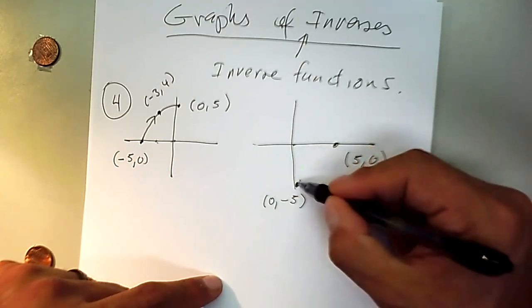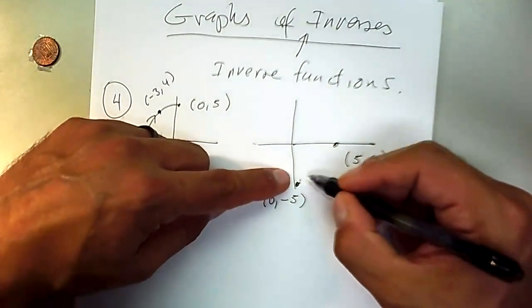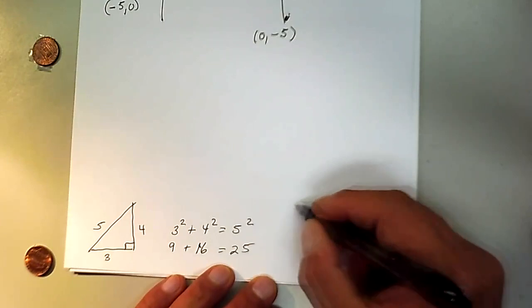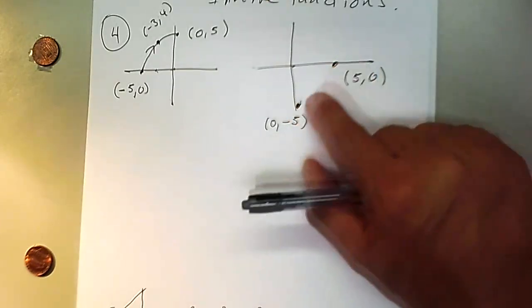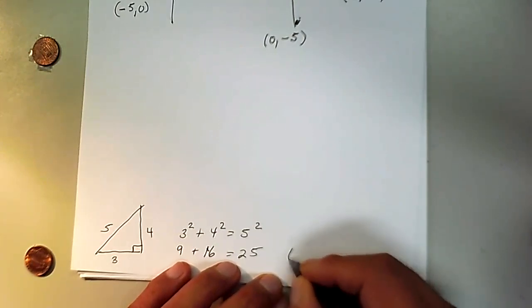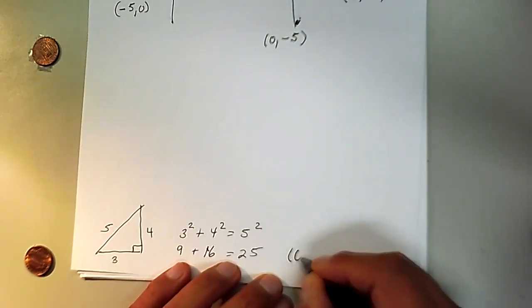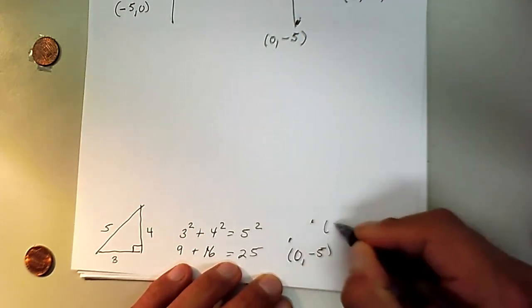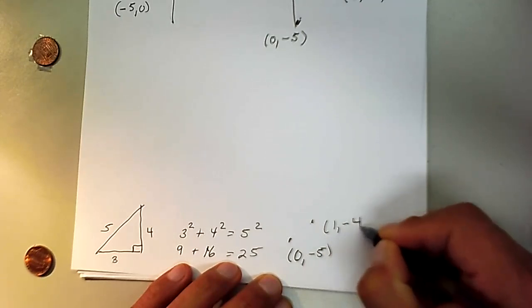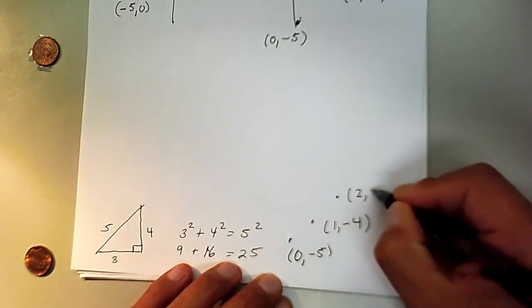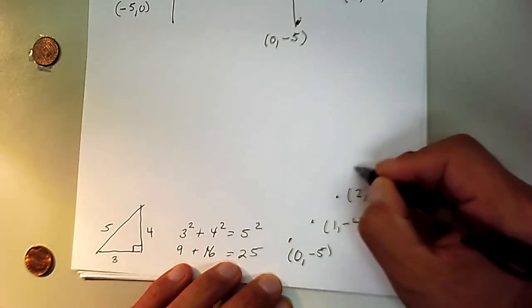And if we were going in a straight line, we would have to go 4, -1. Okay, because the straight line, think of a step. If we were going in a straight line at a 45-degree angle, because that's 45 degrees, if we are at 0, -5, and we were going at a 45-degree line, then the next point would be 1, -4. And then we will go to 2, -3.